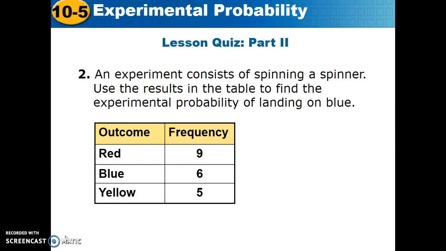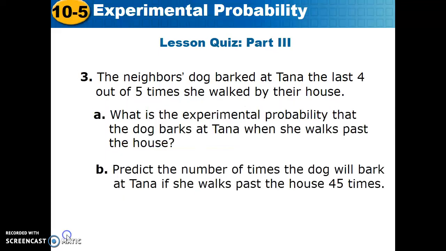We'll check all answers at the end of the quiz. And part 3 says the neighbor's dog barked at Tana the last 4 out of 5 times she walked by their house. What's the experimental probability that the dog barks at Tana when she walks past? Predict the number of times the dog will bark if she walks past the house 45 times. Go ahead and answer that question, and we'll come back to the answers.